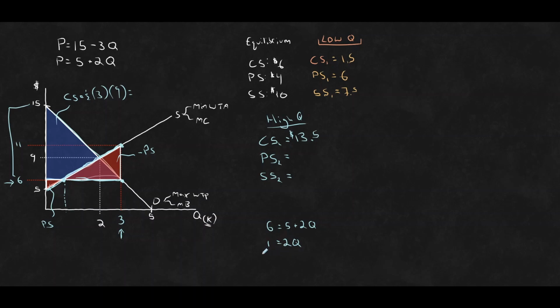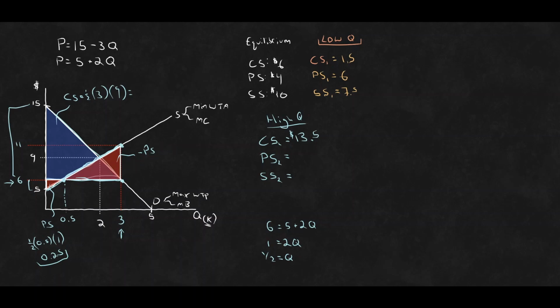Divide both sides by 2, and we get 1/2 equals q. So that is a level of output of 0.5 units. So for producer surplus, 1/2 times our base of 0.5, and our height is 5 to 6, that's a height of 1. So 1/2 of 0.5 is 0.25, our producer surplus, the positive side of the producer surplus.